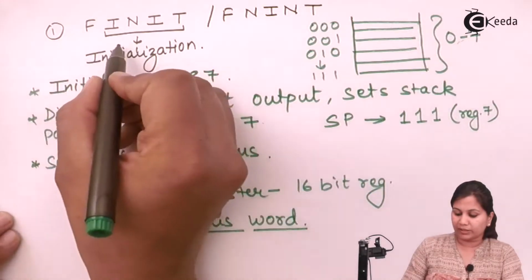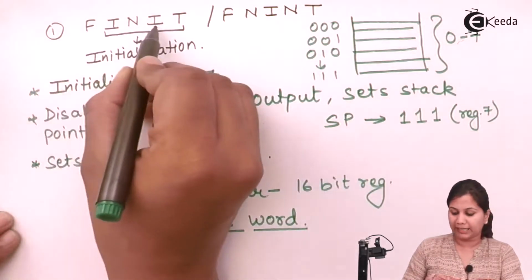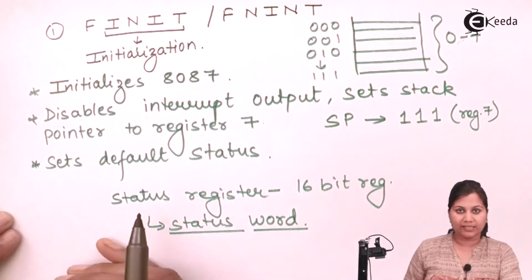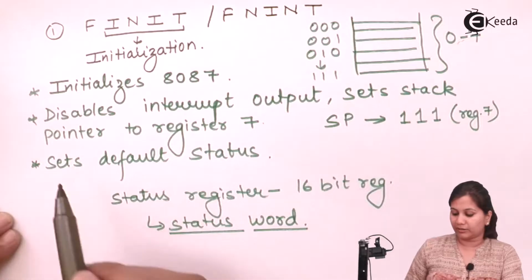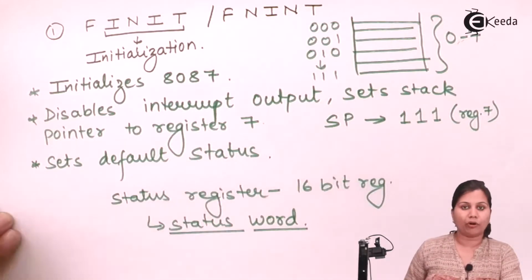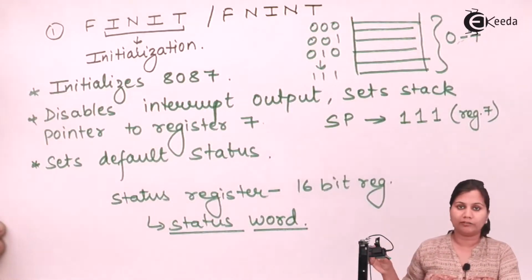So when the instruction FINIT is written, the 8087 is initialized, and when initialization is done, the status is set as the default status, meaning all the bits come to their default values.